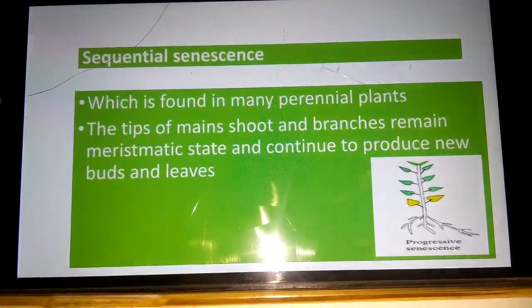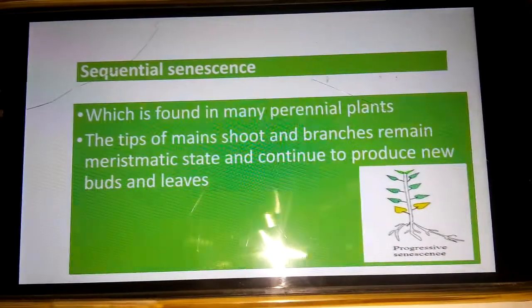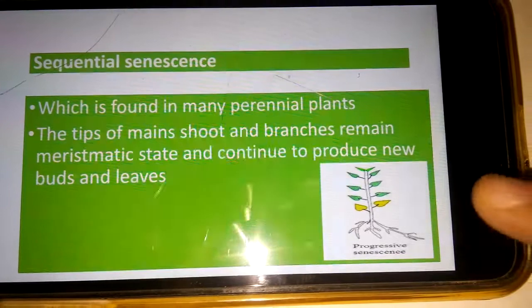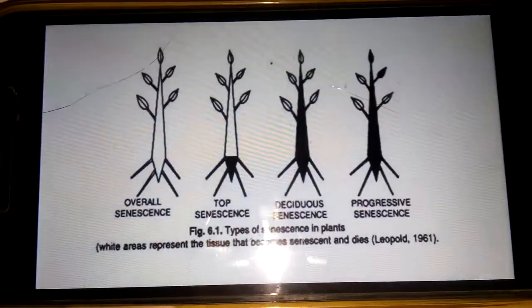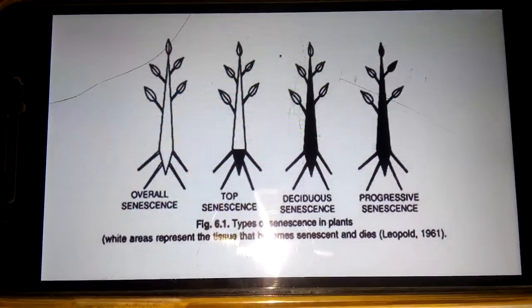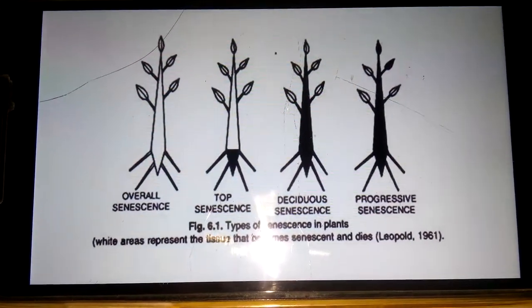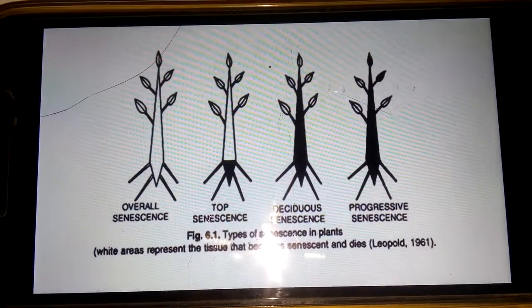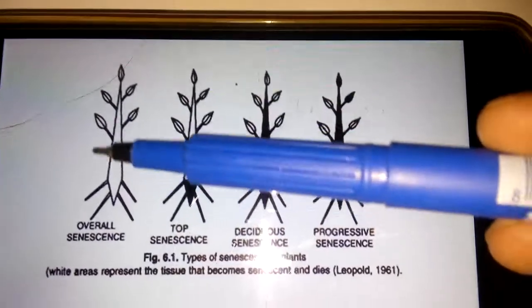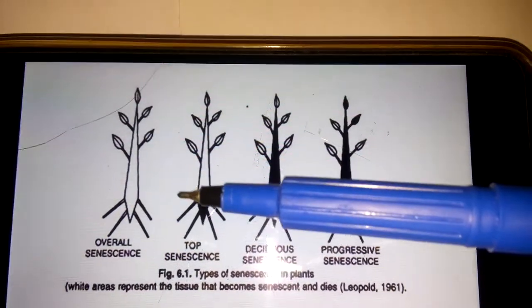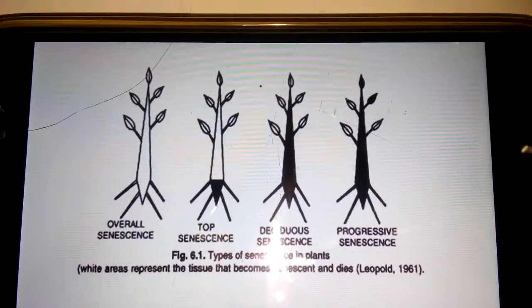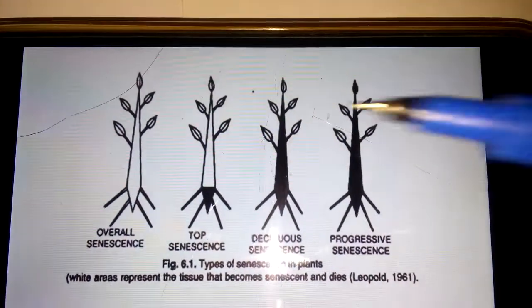Tips of main shoots and branches remain in a meristematic state and continue to produce new buds and leaves. So, in this figure, there are 4 types of senescence in plants. In this figure, the white shaded part represents the tissues that become senescent and die.